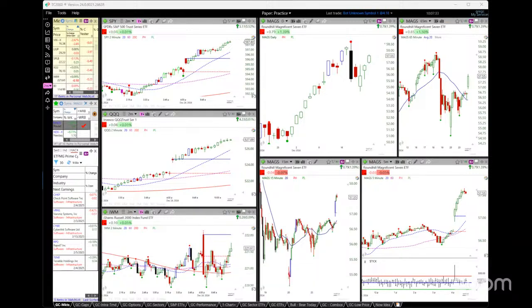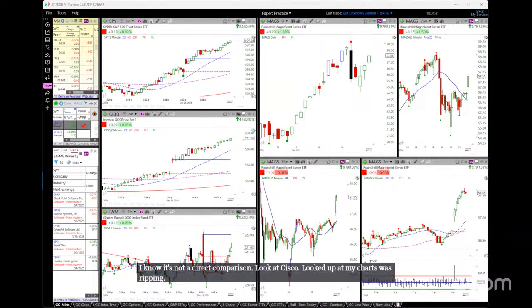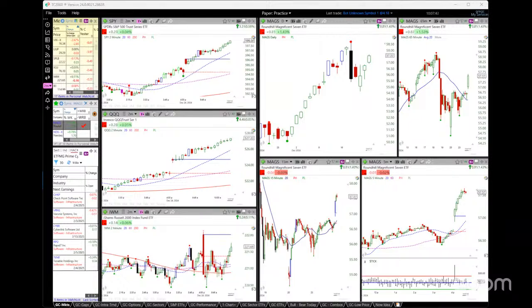I know it's not a direct comparison. Look at Cisco. I just looked up at my charts. It was ripping. TMOS had a nice one. TMOS had a nice 1, 2, 3 for a day trade.